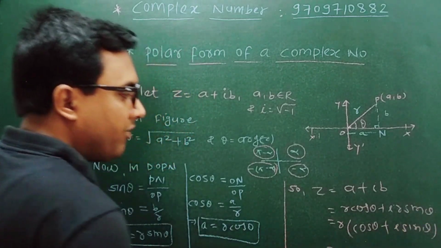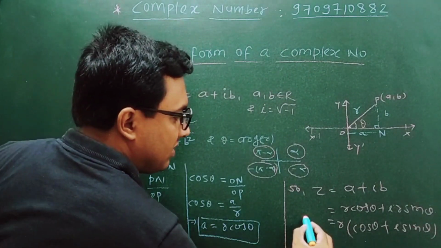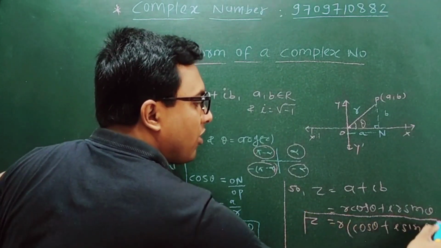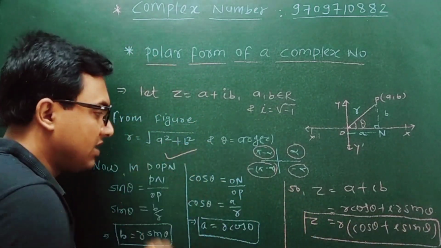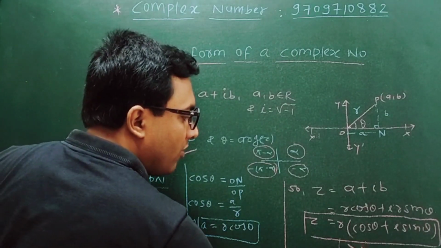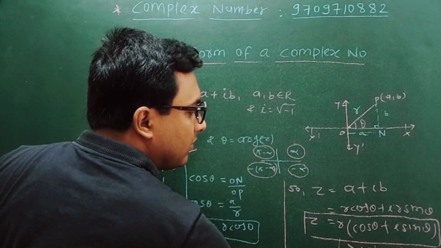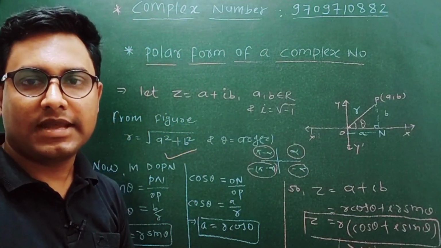Now the value of r is root under a square plus b square, and theta is equal to the argument. This is called the polar form. So this is the polar form of a complex number, right?